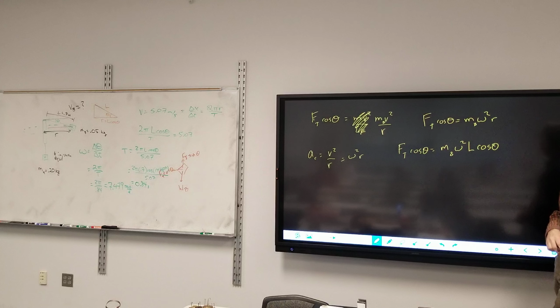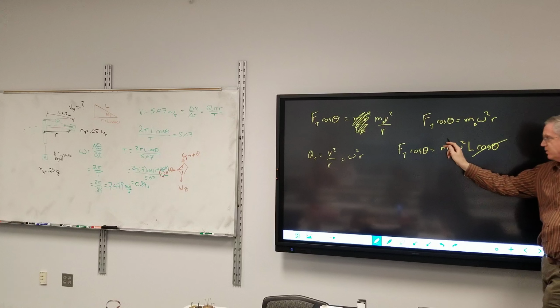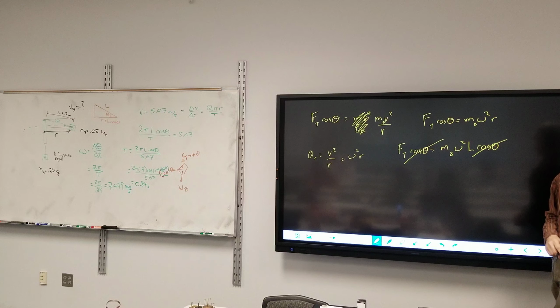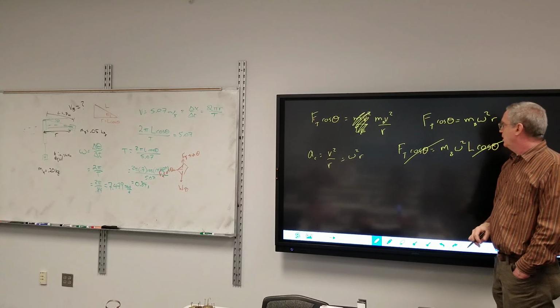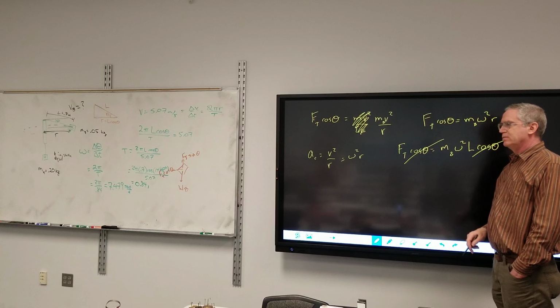And I now have a cosine theta multiplying in both terms, and I can cancel it out. So then we're just left with tension is equal to m_b omega squared L.